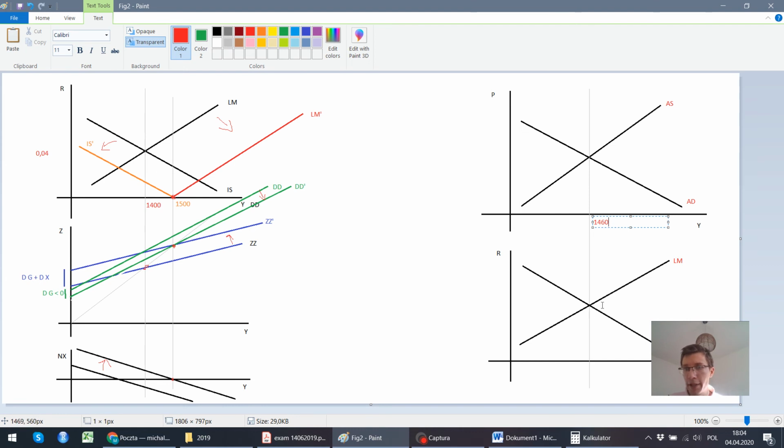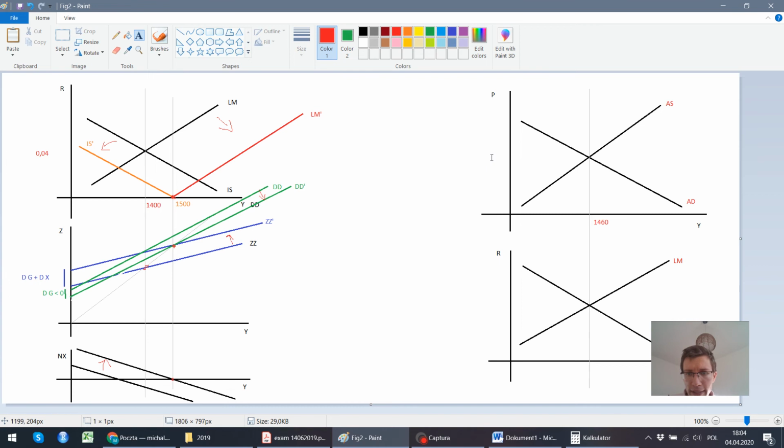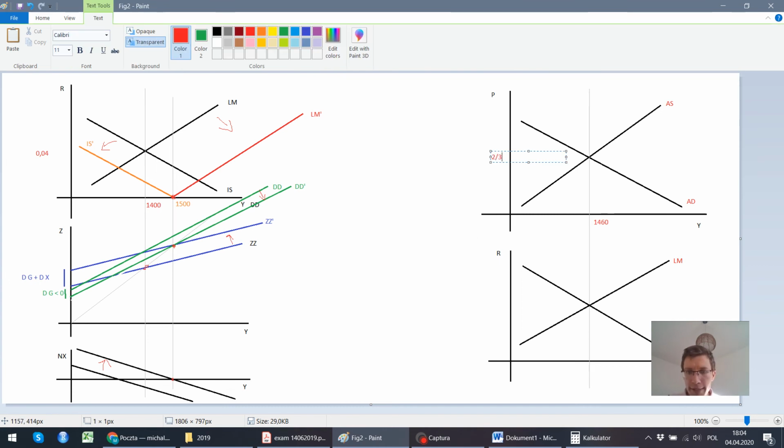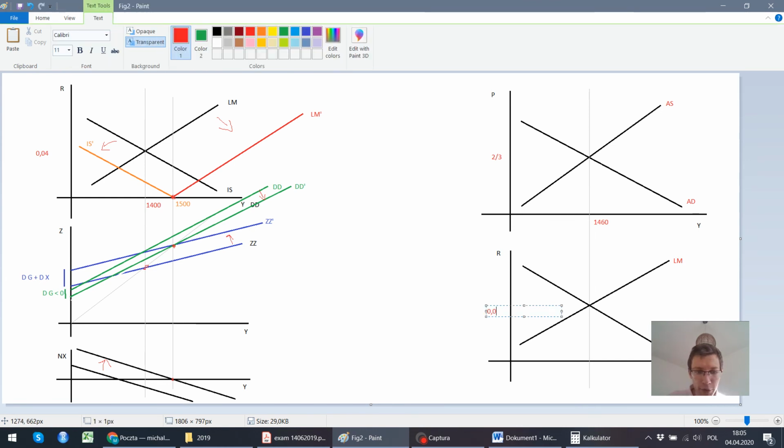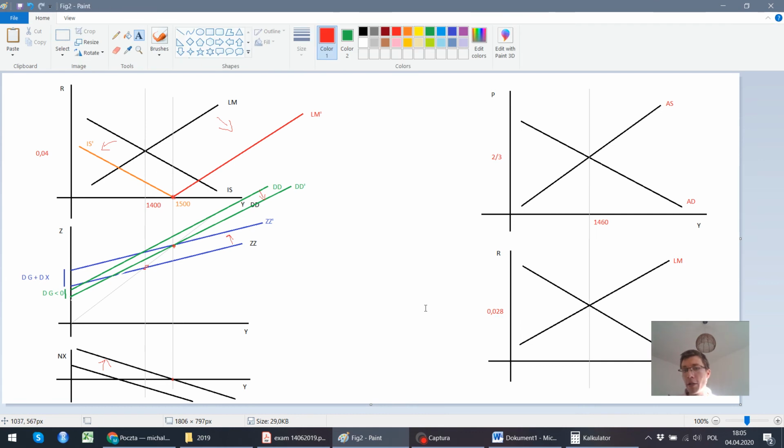We are in the medium run equilibrium, so the AS and AD curves cross, and this corresponds to the initial short run equilibrium in the ISLM model. What is also important here is that the price level in this equilibrium is equal to 2/3, and it corresponds to the price level over there, and the interest rate is 0.028, so we have everything on the graph.